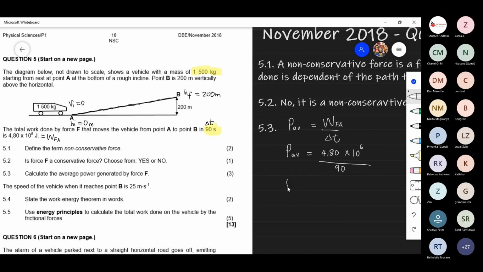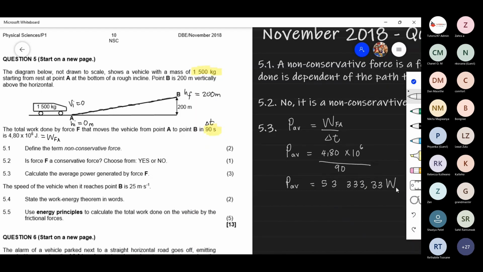From there, you can put this onto your calculator. Now, once you put this onto your calculator, you're going to get an extremely large value, okay? So you can either write that value as is, or you can convert that value into scientific notation. Whichever you feel better with doing, stick to that, okay? So that's going to be 53,333.33 watts. That W does not stand for work.